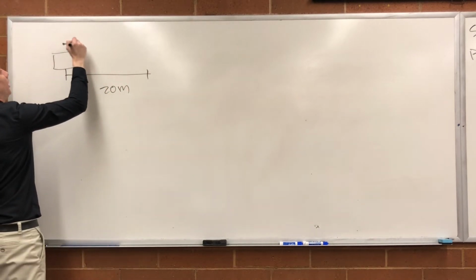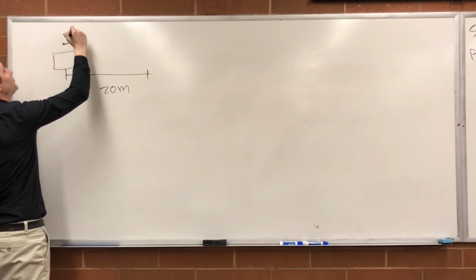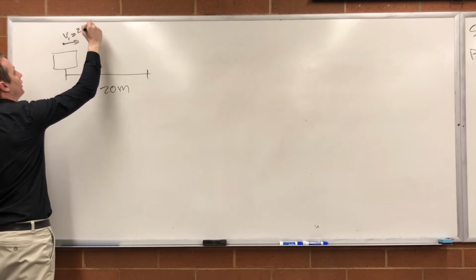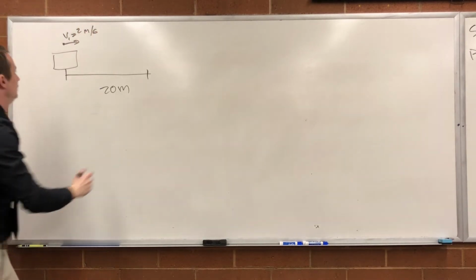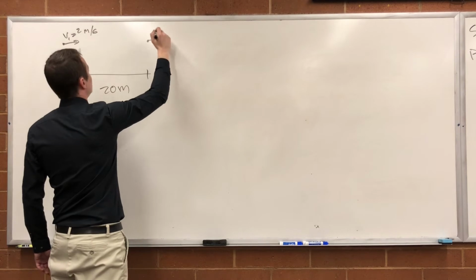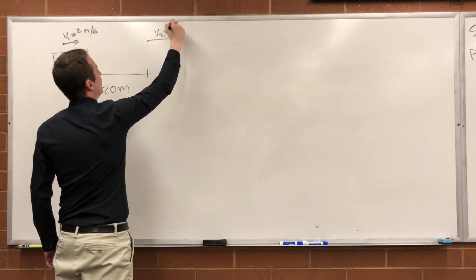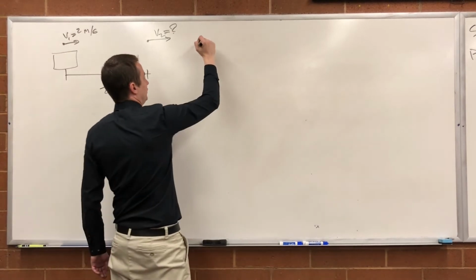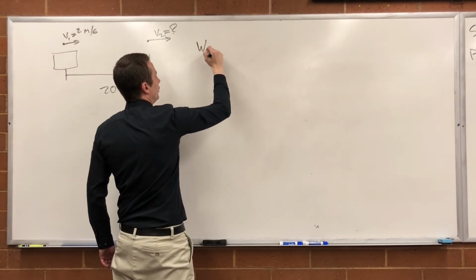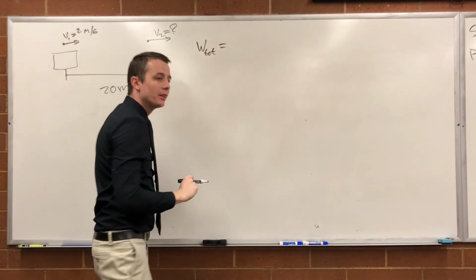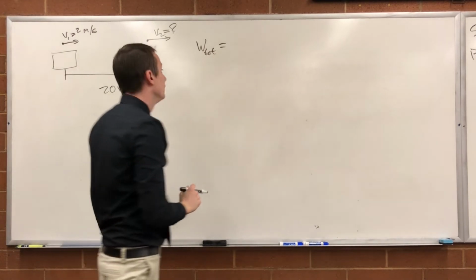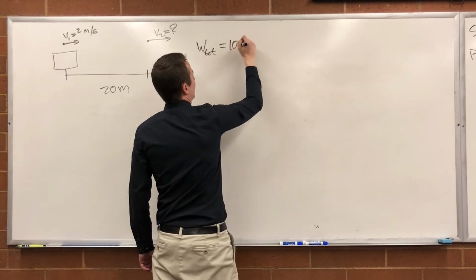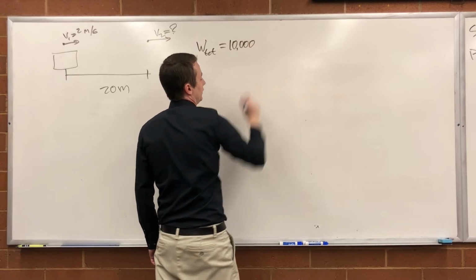Here it has a velocity, we'll call it v1, equal to 2 meters per second. The question is, what is the velocity here now? Remember, we calculated the total work already, so we don't need to go through that. The total work was equal to 10 kilojoules, 10,000 joules if we want to write it out.